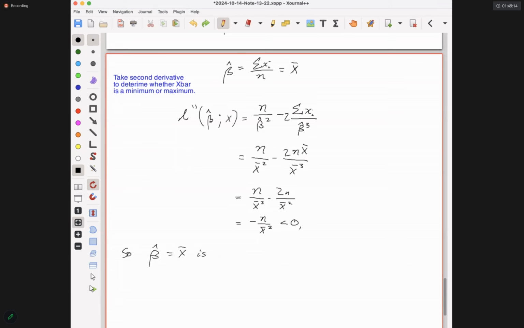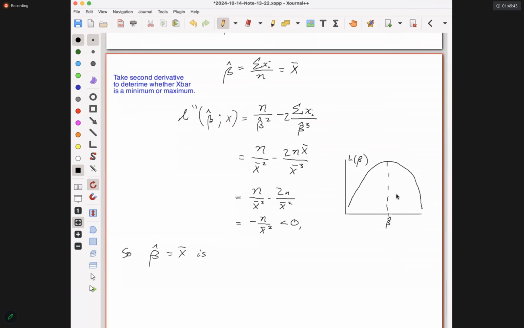The second derivative being less than 0 means that our likelihood function has a peak, has a local maximum at beta hat.